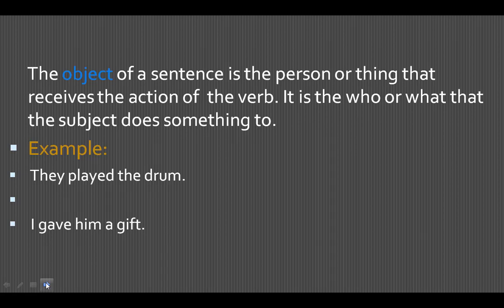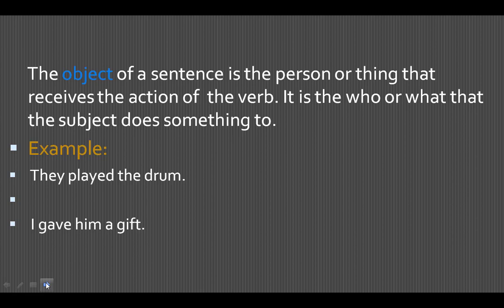Dear students, the object of a sentence is the person or thing that receives the action of the verb. It is the who or what that the subject does something to. Example: they played the drum.